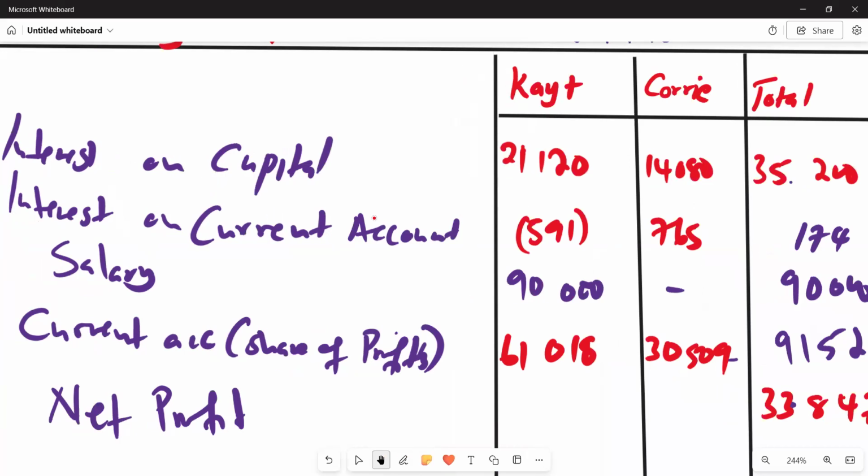Of course, there are some additions: the total amount for drawings should also be added in the current account, which doesn't appear in the appropriation. And also the figure for interest on loan we are supposed to see in the current account. So this is what we have, guys, according to this video.